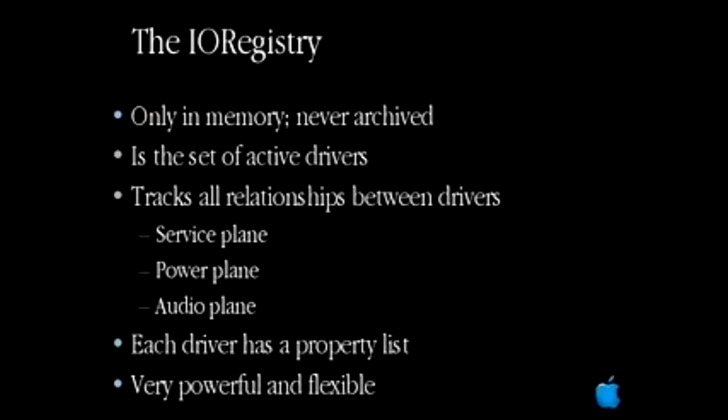Also, every driver has a property list, and this is incredibly important in the registry and in IOKit. The property list is really a description of random properties. Some of them are things that we declare that you need for the family. Some of them are just notes that you care to put in there. It is a collection, typically a dictionary, and a dictionary is a named set of values.